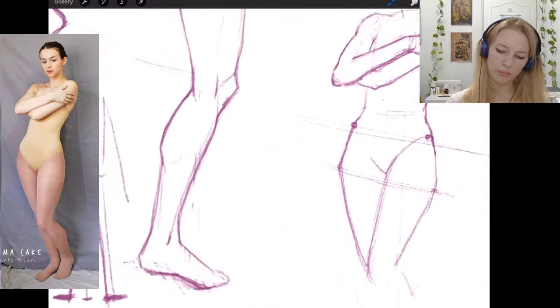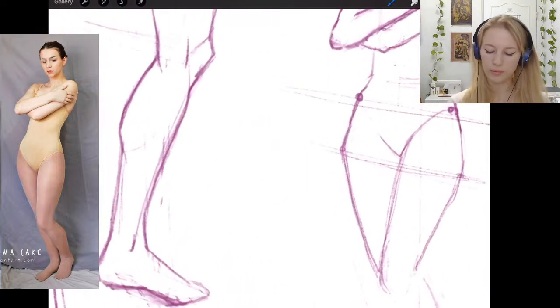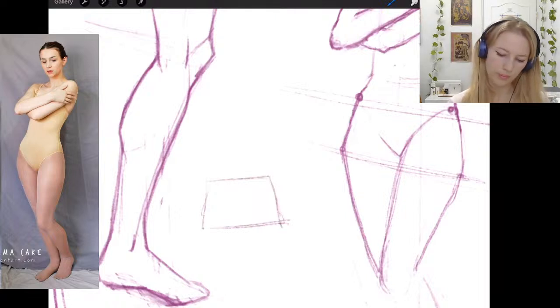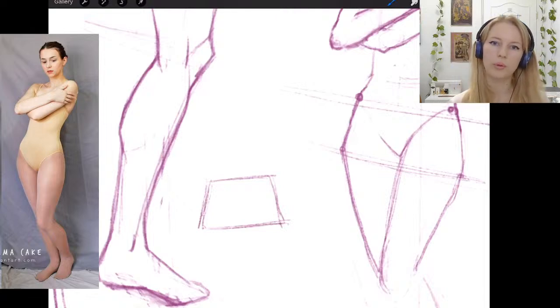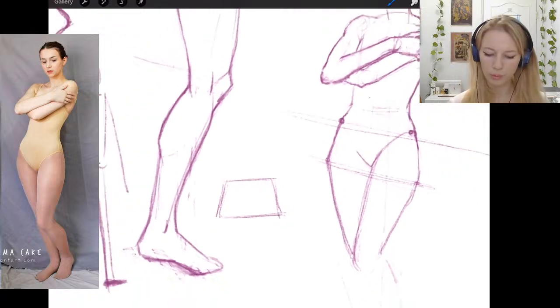Because practically speaking, the pelvis, if we simplify it a lot, looks like this. I mean the shape, very simplified, overly simplified of course. But I noticed that simpler forms really help you understand the shape and the volumes better.